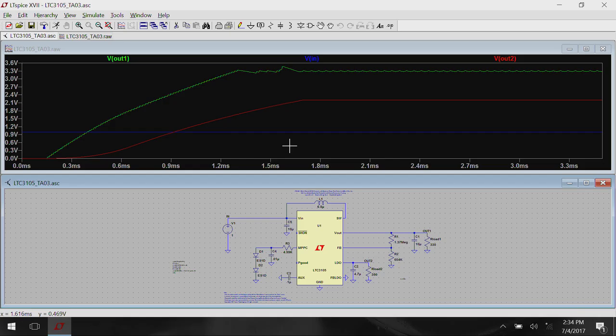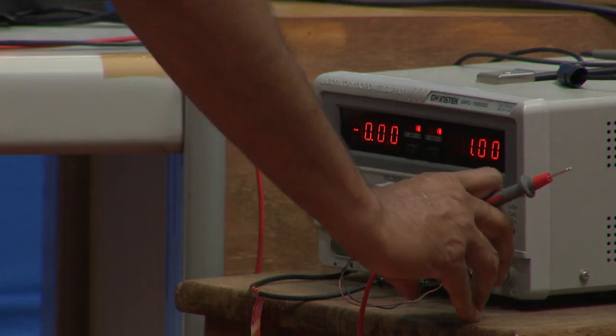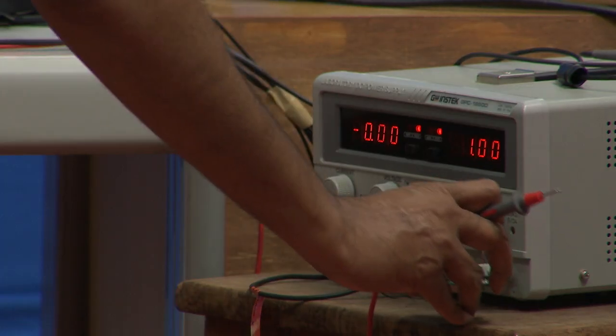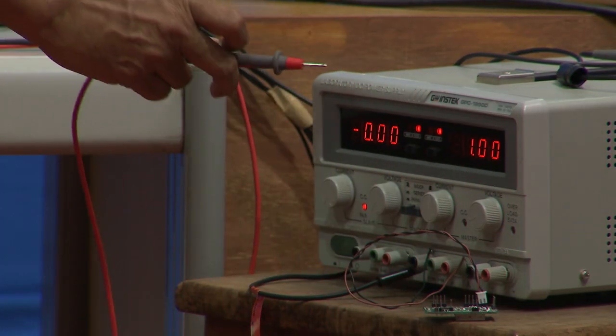So, let me turn my attention to you here, where the output voltage should give you 2.2. Can you see this? Can you see this output here? Very good. So, first let us see.